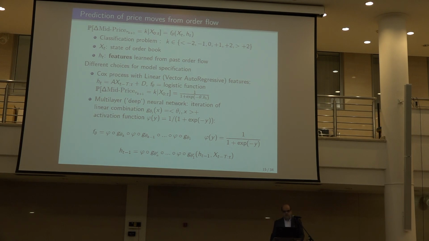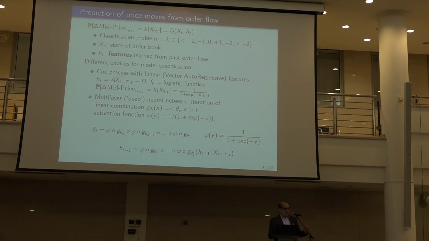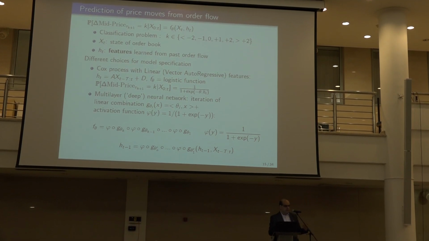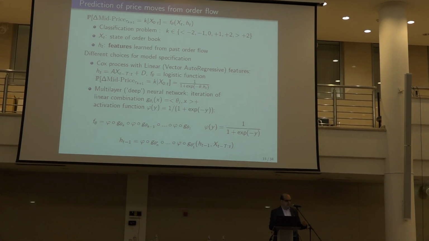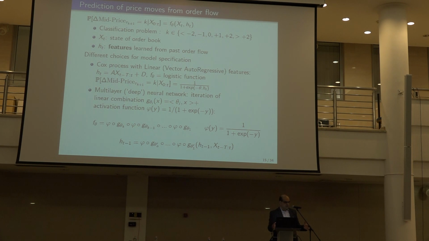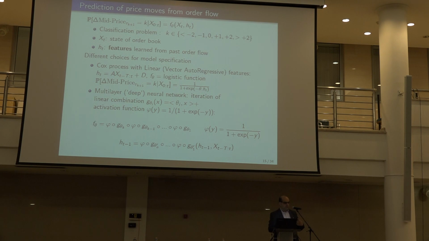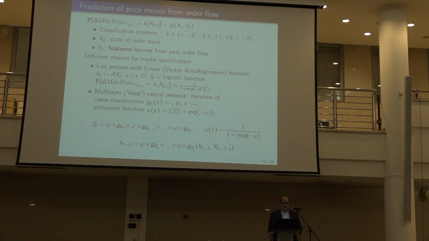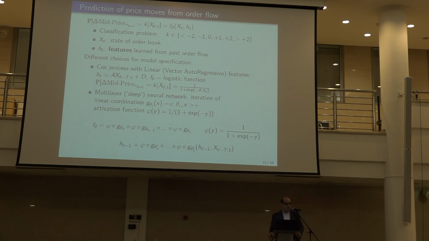So it's a Cox process. So we have a discrete state space, either it goes up or down, for example. And one way to model this without neural networks is just to say, okay, it's a jump process, it can jump up or down. I'm going to learn the intensity, the probability per unit time of jumping up or down, from the state variables. So I'm going to build a linear model where the intensity of jumping up or down is going to be a linear function of all the state variables up to time t, and it can depend on the past.